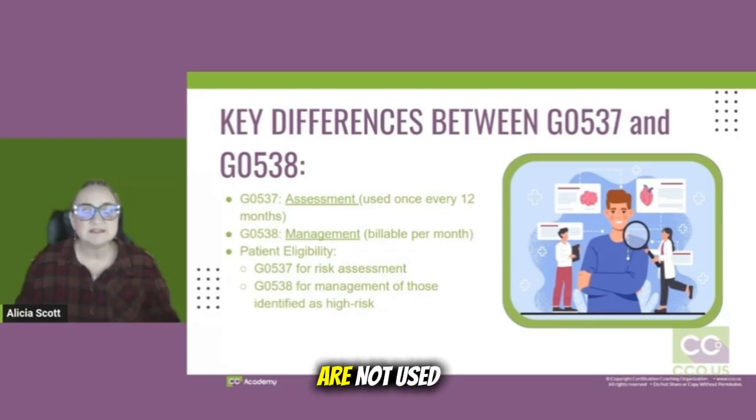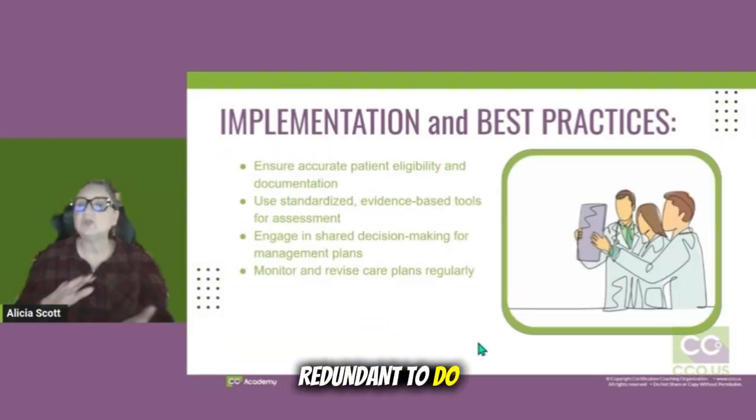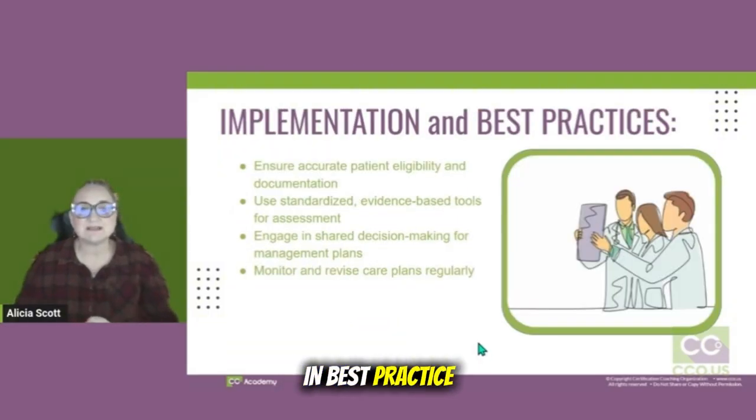Both of these are not used for patients that have the diagnosis. If you've already got the diagnosis, there's no sense in doing an assessment or managing to look for the diagnosis. It would be redundant to do. The implementation and best practice is to ensure that you have accurate patient eligibility and documentation.